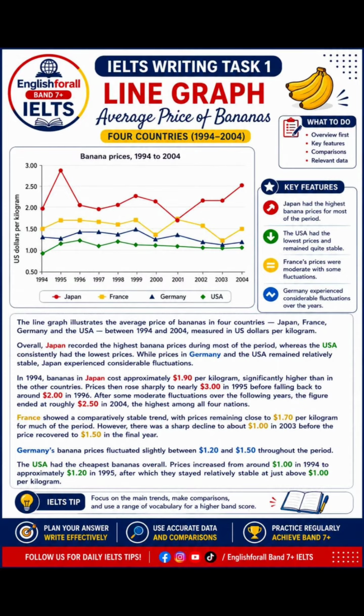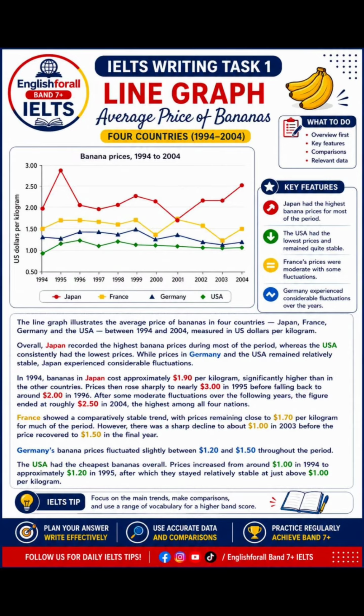On one side they have given the US dollar per kilogram, that is the price of bananas from $0.5 till $3. And on the other hand, they have given you the years from 1994 till 2004.